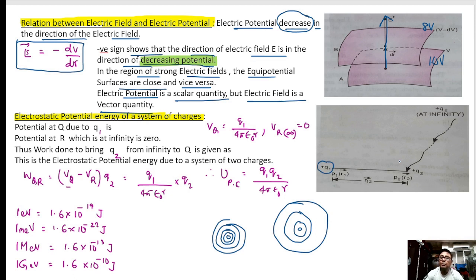What is the potential at this point due to Q1, which is at a distance of R? Suppose this is R. So what is the potential here at Q?